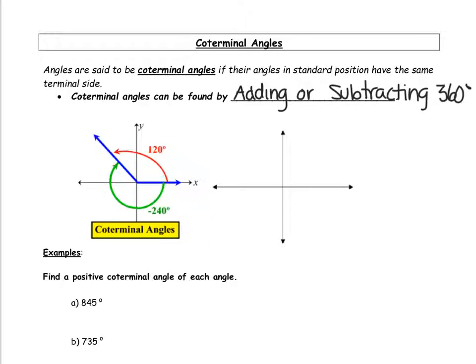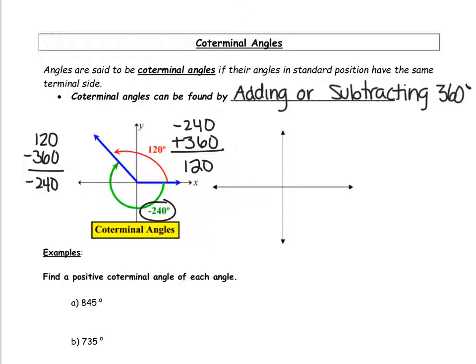It's the same thing as negative 240. So how do we get there? Well, if I take 120 and subtract 360, you should get negative 240. Now, if I start with this negative 240, I can add 360, and I'll get my positive 120. Okay, so that is how coterminal works.